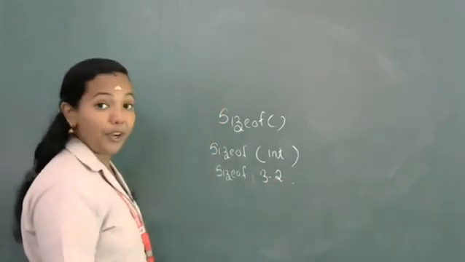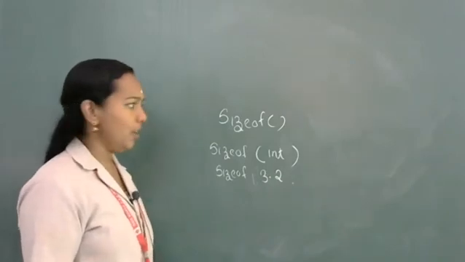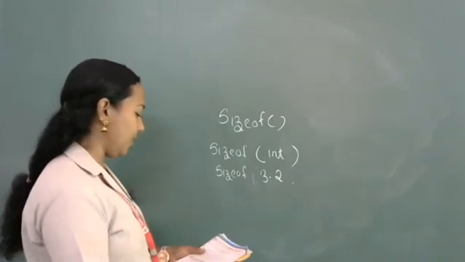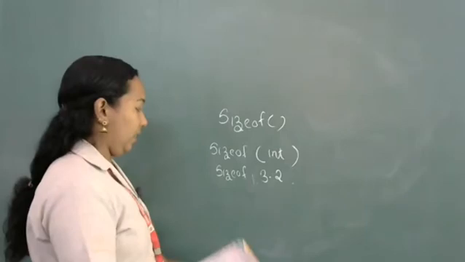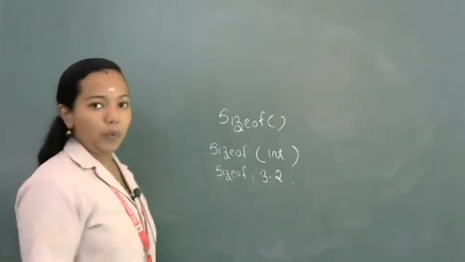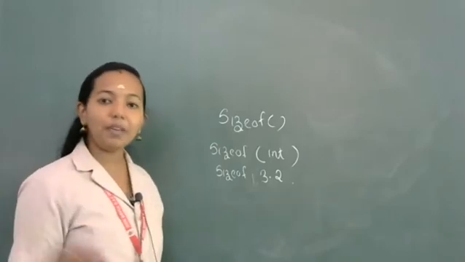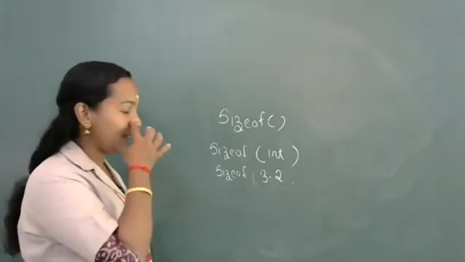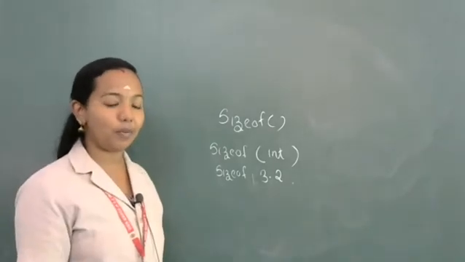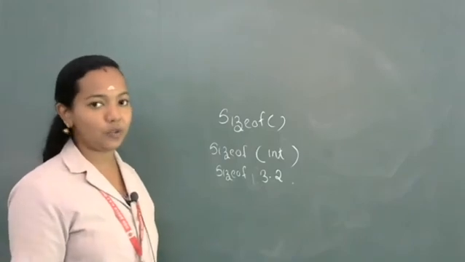What is 3.2? It is a fractional number. Here the data type is not mentioned. It may be float or double. If it is a float, then 4 bytes. If it is double, then 8 bytes.